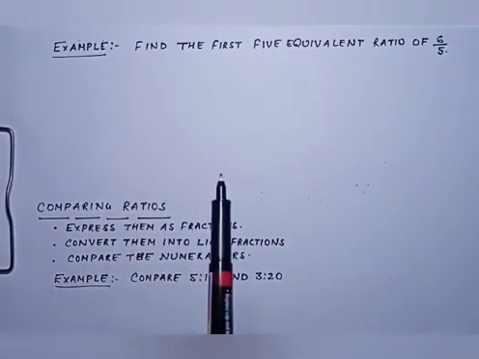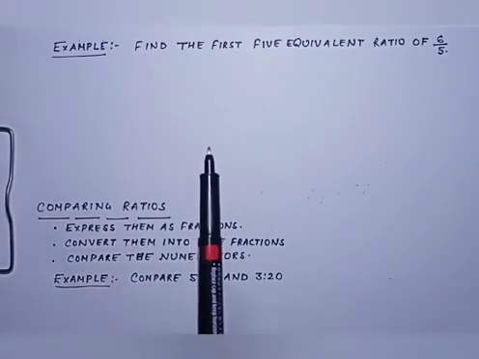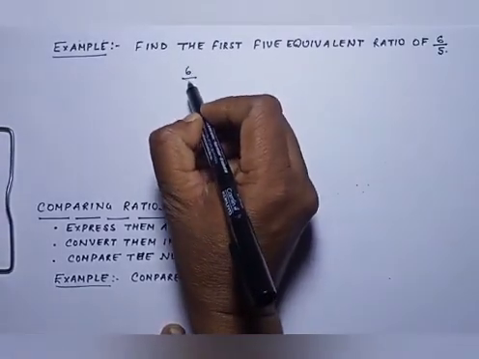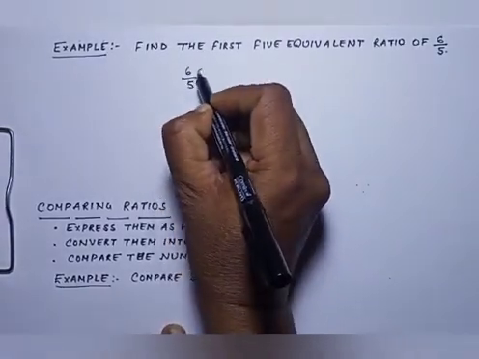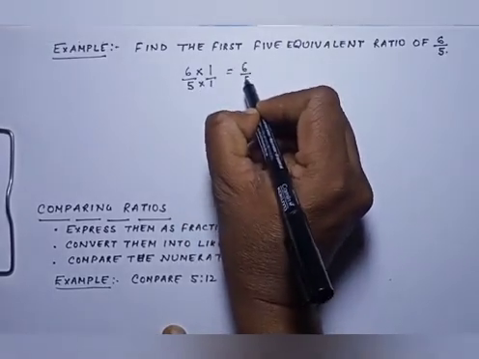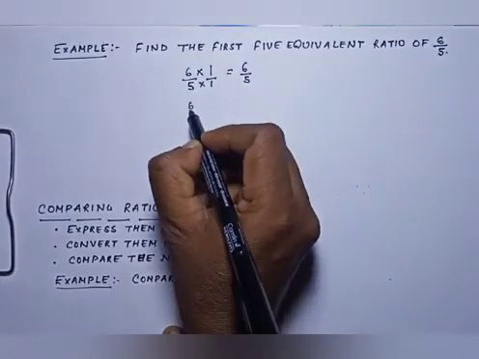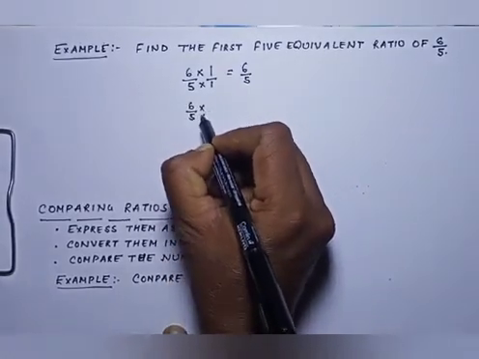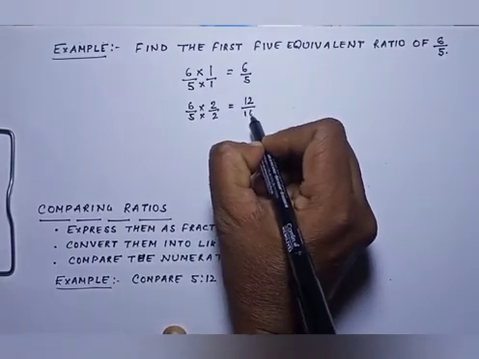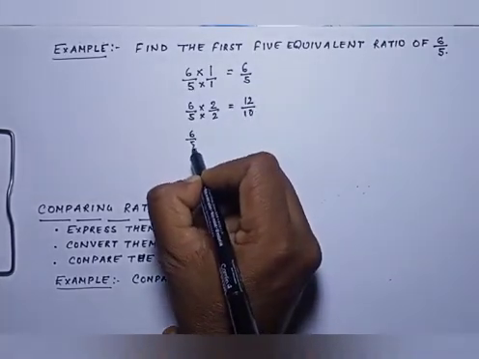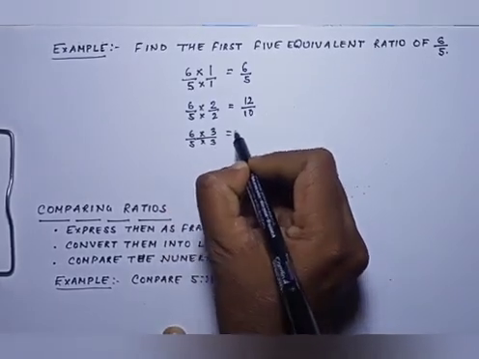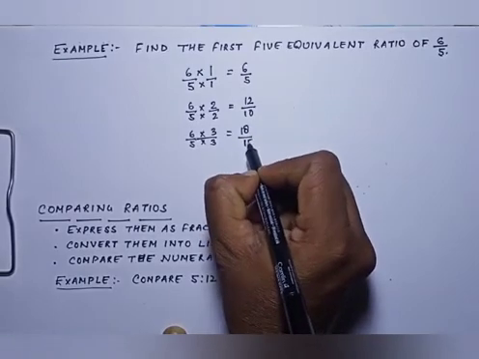The first equivalent ratio of 6 upon 5 will be 6 upon 5 itself. The second one will be 6 upon 5 into 2 upon 2, which is equal to 12 upon 10. The third one will be 6 upon 5 into 3 upon 3, which is equal to 18 upon 15.